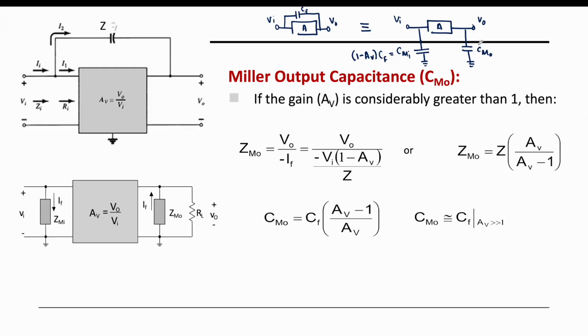Okay, how about CMO? For the CMO, which is the Miller capacitance at the output, the formula is given as such: CF multiplied with the voltage gain minus 1 over voltage gain. Usually the voltage gain will be much larger than 1.